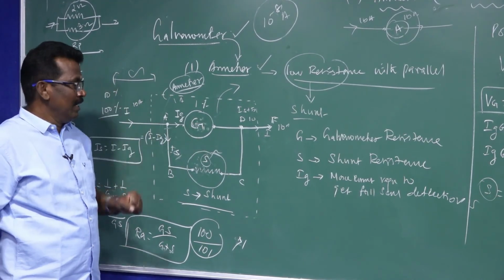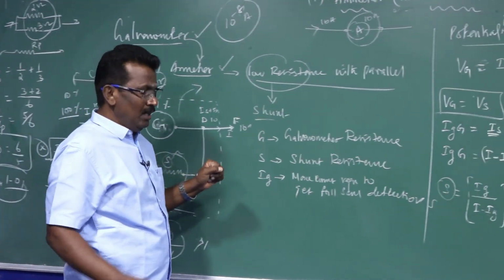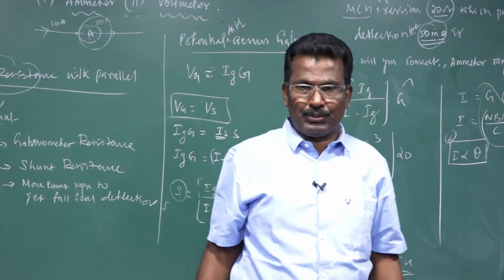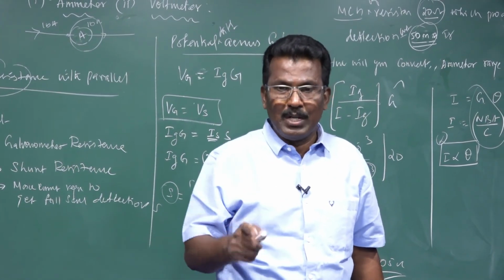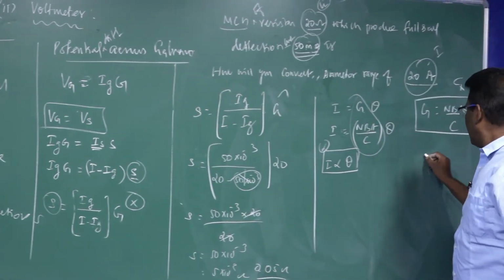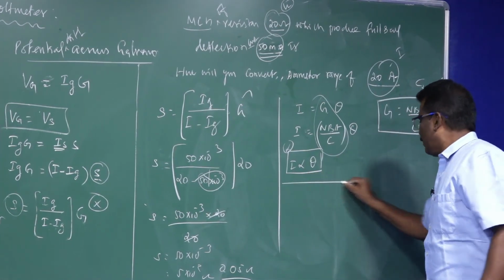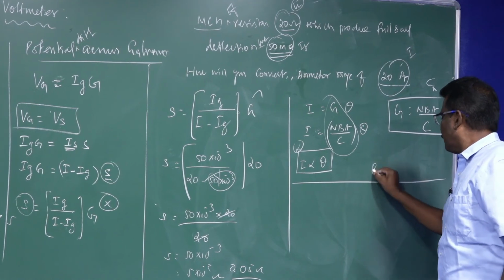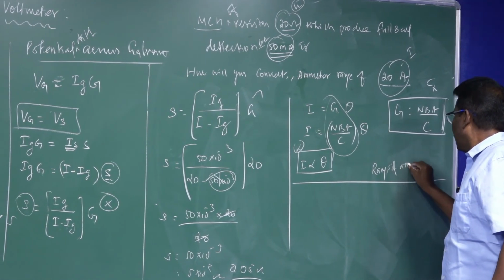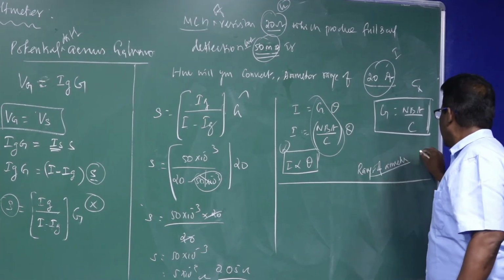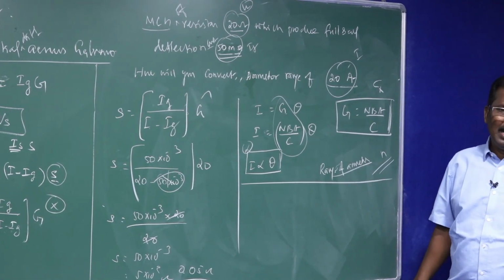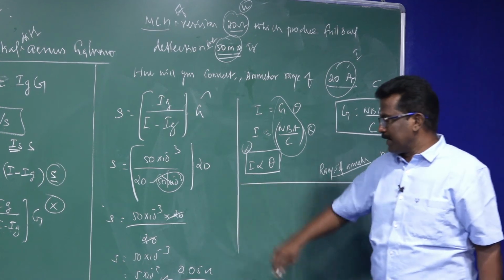Suppose the range of the ammeter is increased n times. What is the value of S? The range of the ammeter is n times, so how do we calculate S?